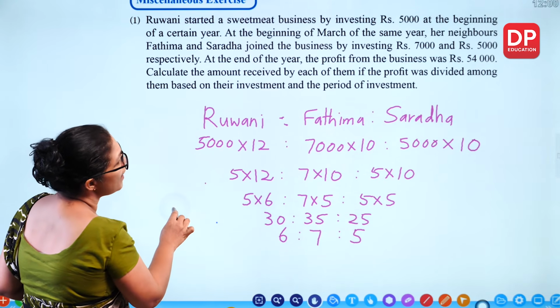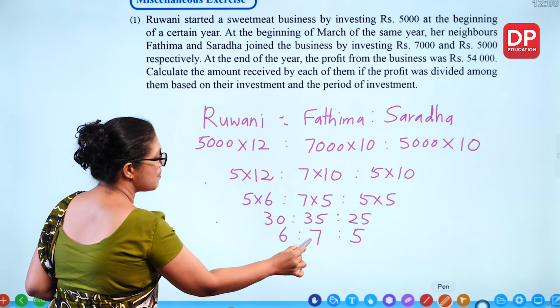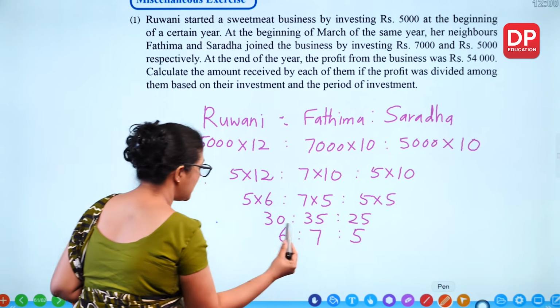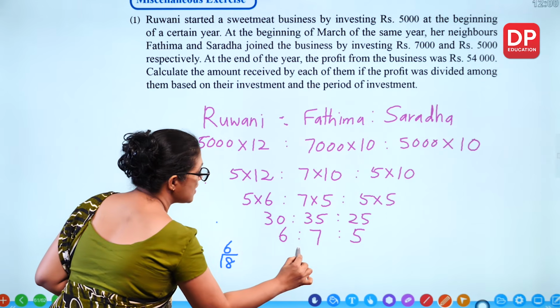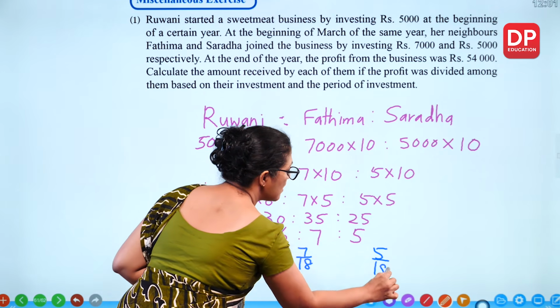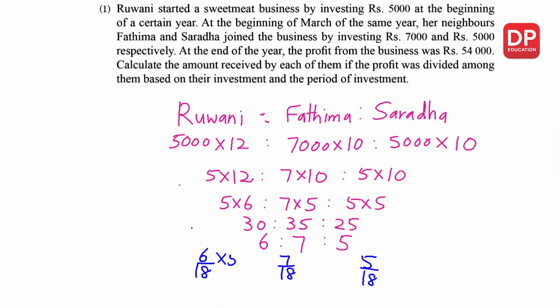What's the total number of parts? 6 plus 7, 13. 13 plus 5, 18. So as a fraction, 6 over 18, 7 over 18 and 5 over 18. So the total profit, 54,000.